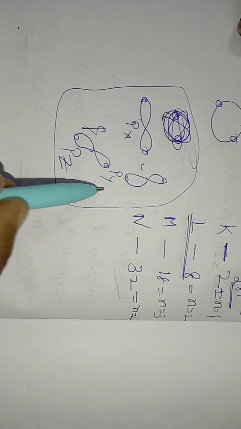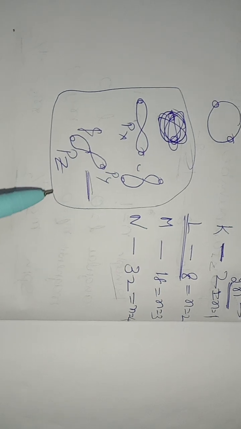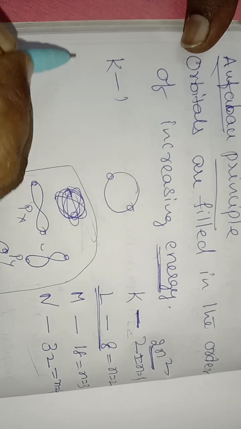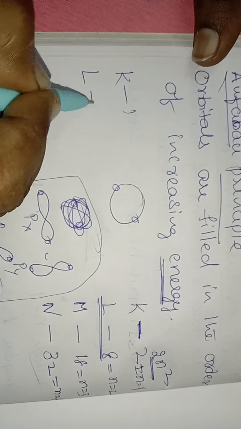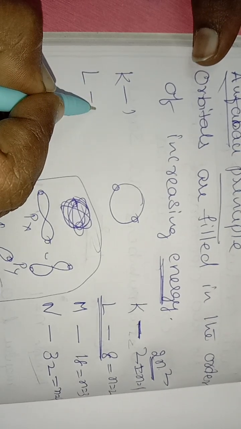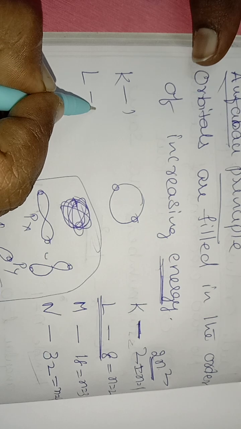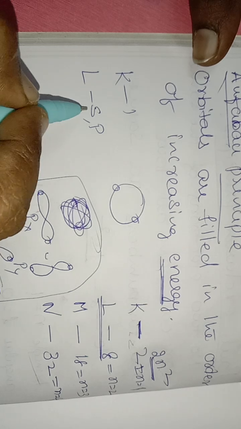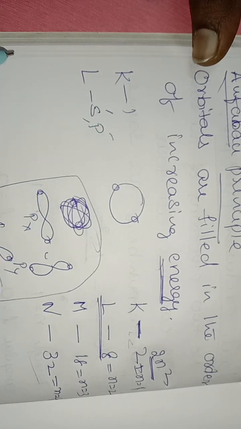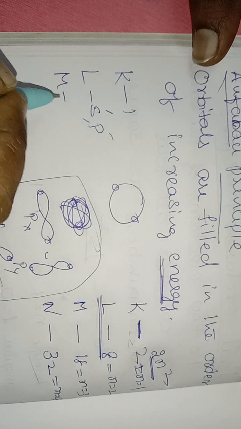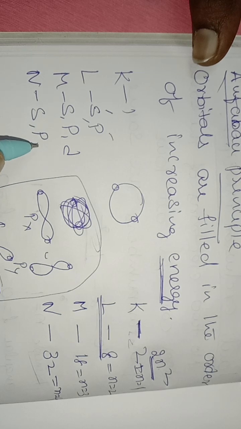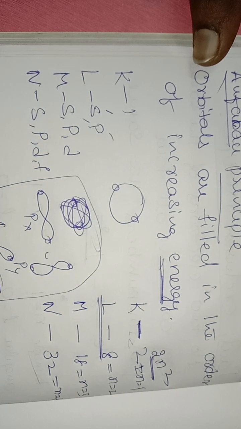First we have to know how many subshells are there in each. K will have only one subshell, L will have two, s and p, which means here 1, here 3, total 4. Next M has s, p, d, and N has s, p, d, f.